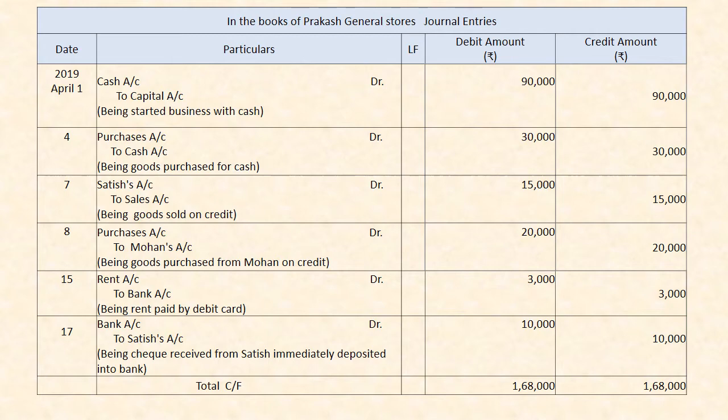Students, pay attention here. The word Dr. is written near the LF column in front of the account to be debited. Now on the next line in the particulars column, leave some space from the date column and write To Capital Account, and the amount in the credit amount column 90,000.